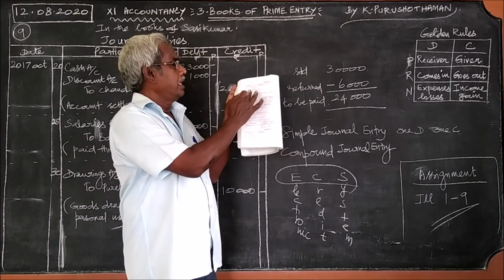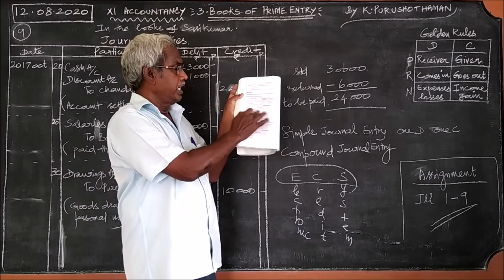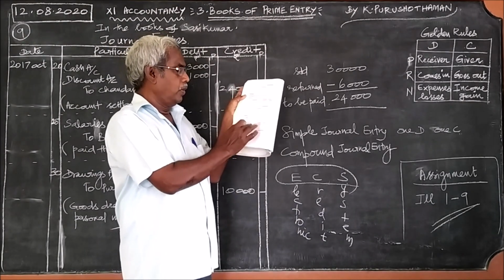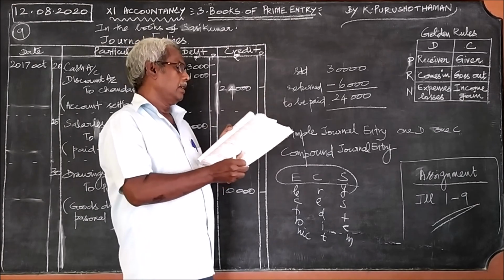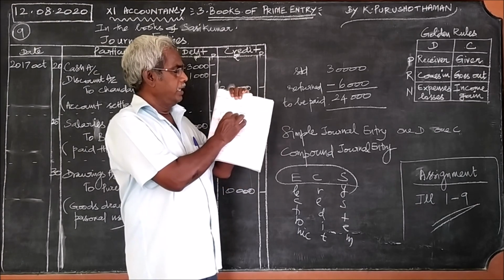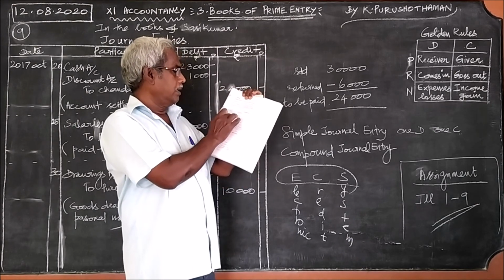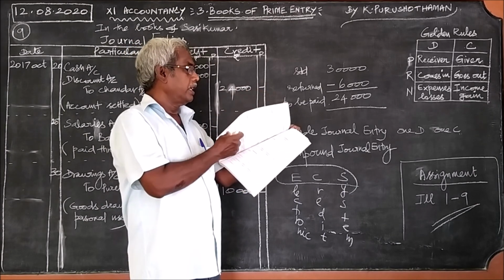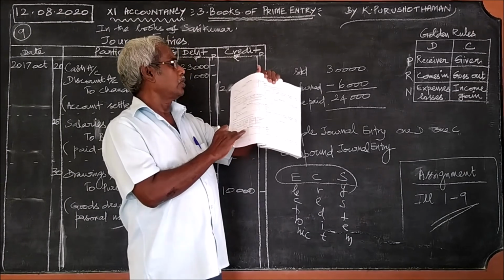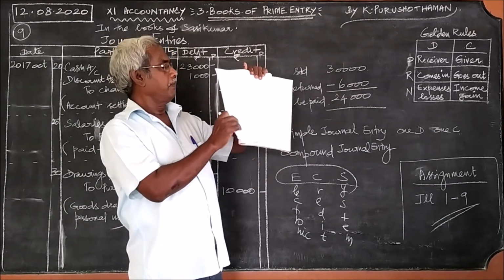For example 3, only this journal entry. For example 4, 5, 6, and 7, likewise only the journal entry.